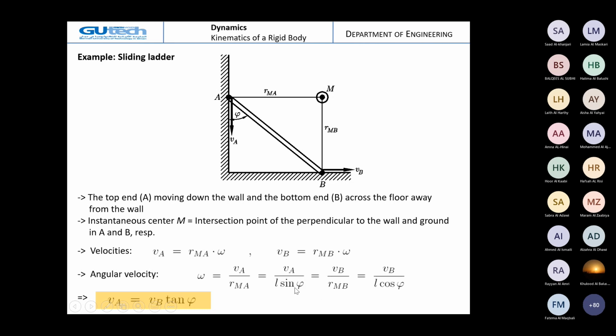RMA is only L sin phi, and RMB will be only L cosine phi. Then we have the relationship between the velocities VA and VB. If we know the magnitude of VA, we can determine VB as we know the angle phi, or if we know VB, we can get VA, okay.